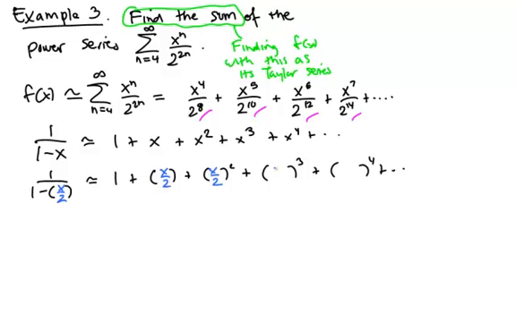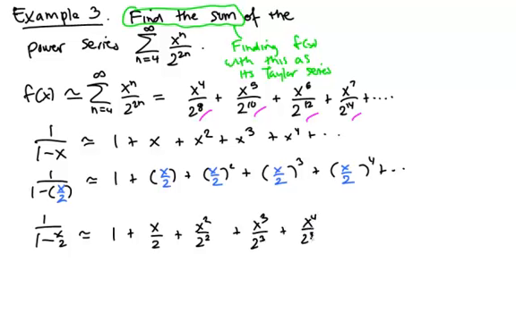It may not be perfect, but maybe it will get me in the ballpark a little bit more quickly. So when I do that, we're going to have 1 over 1 minus x over 2 has the Taylor series 1, plus x over 2, plus x squared over 2 squared, plus x cubed over 2 cubed, plus x to the 4 over 2 to the 4.